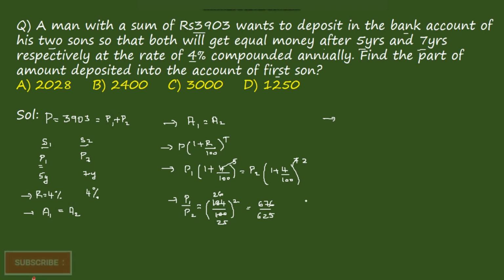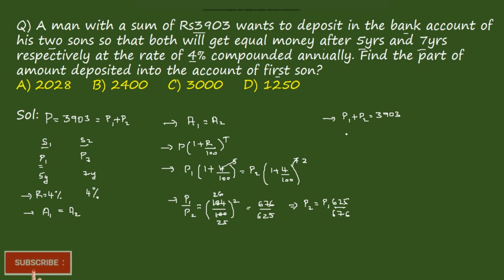So convert this so that we get it in terms of P1. Then P2 is equal to P1 into 625 by 676. And we know that P1 plus P2 is equal to 3903, right?